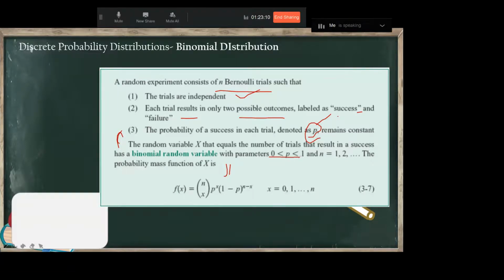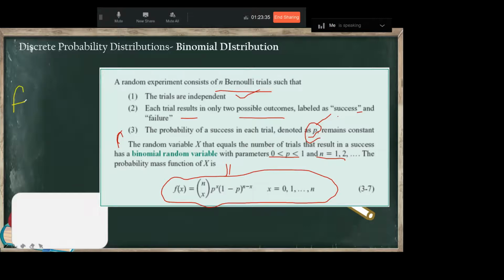Here p lies between 0 and 1, we already know that, and n is 1, 2 and so on. It depends how many times you repeat, what the sample size is. The probability mass function of x is given by this. How to prove that? We're not getting into the proof right now because our course doesn't demand that.